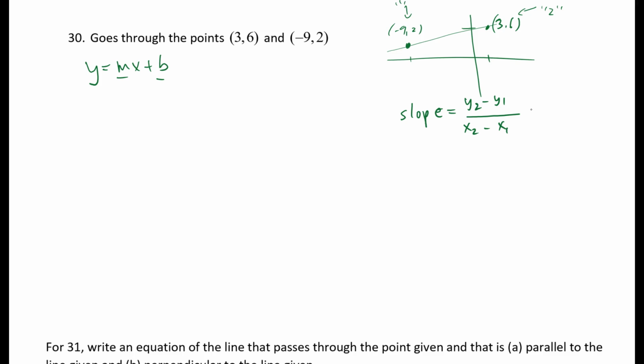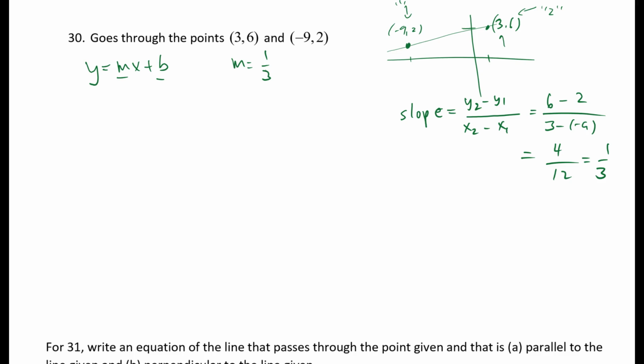So y2 is 6, y1 is 2, and then x2 is 3, and x1 is -9. So 6 minus 2 is 4, 3 minus -9 is 12, 4/12 simplifies to 1/3. So our slope is 1/3.